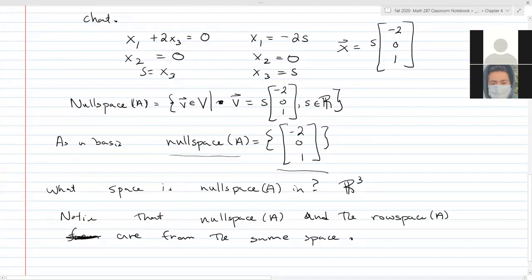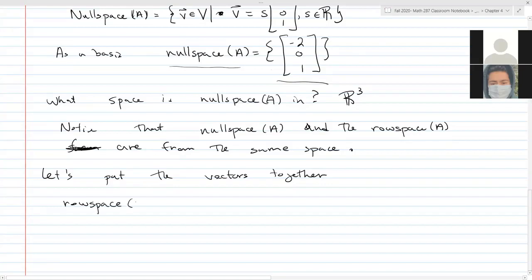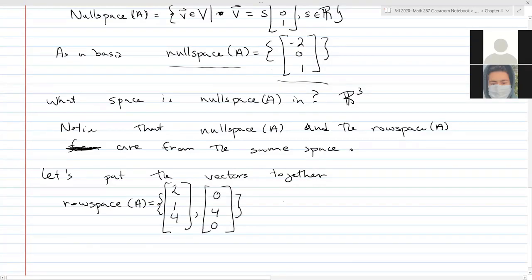And in addition to that, let's put them all together. I've got my row space of A, which was equal to (2, 1, 4), (0, 4, 0), and the null space of A equal to (-2, 0, 1).